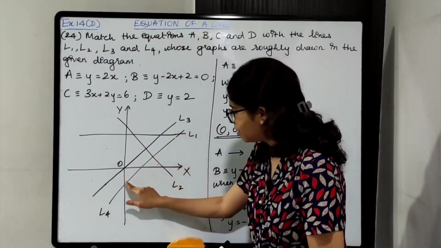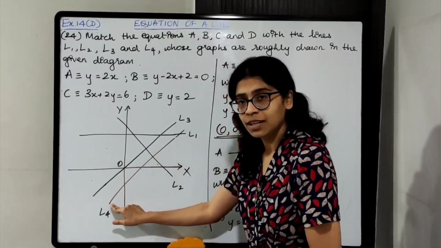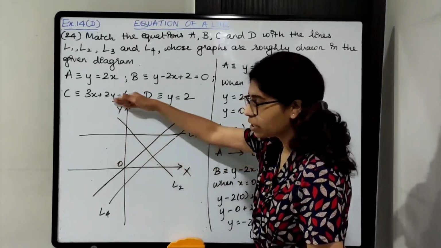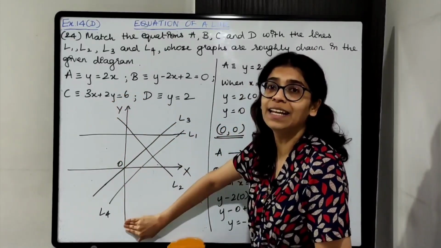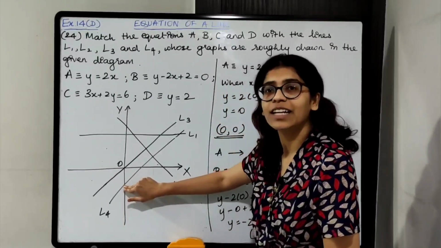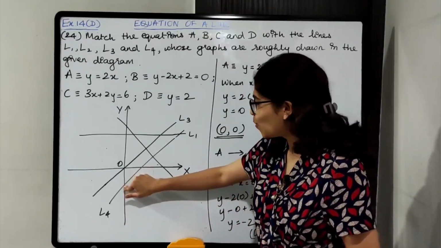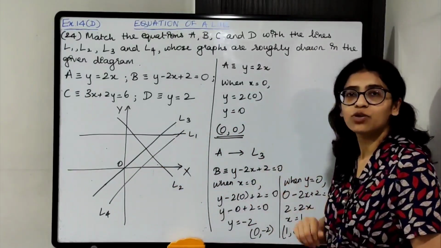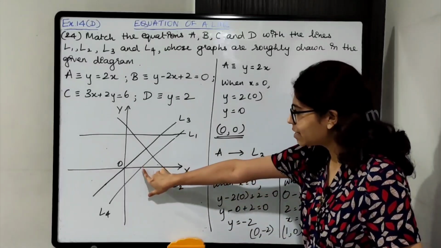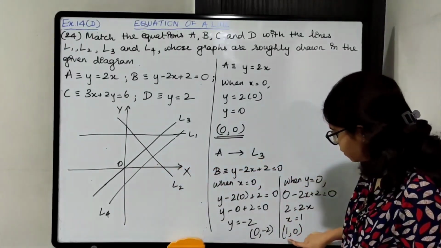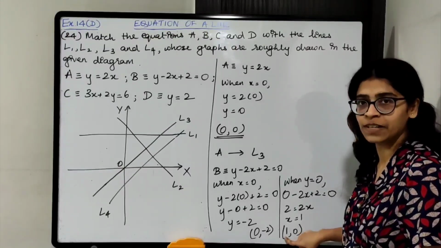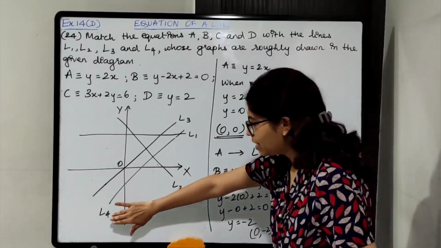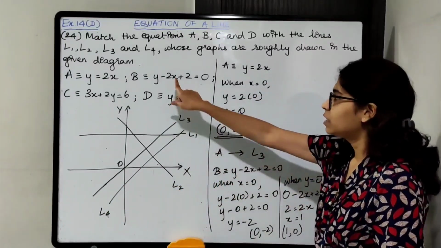If you notice, this line, L4, is cutting the negative part of the y axis. This is the positive side of the y axis, above zero is positive, below zero it is the negative part. So L4 is the line which is satisfying this equation. It is cutting the x axis at the positive side, for x axis we got 1, 0, so the x part is positive and the y part is negative. So yes, L4 is matching with equation B.